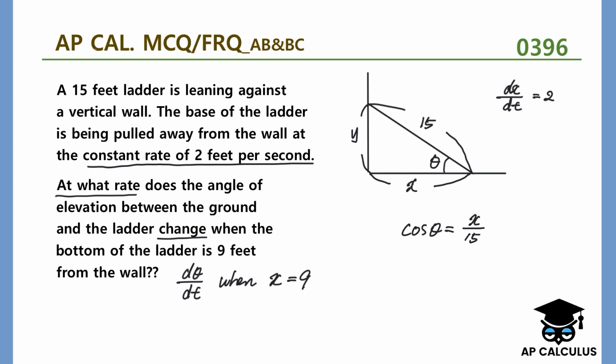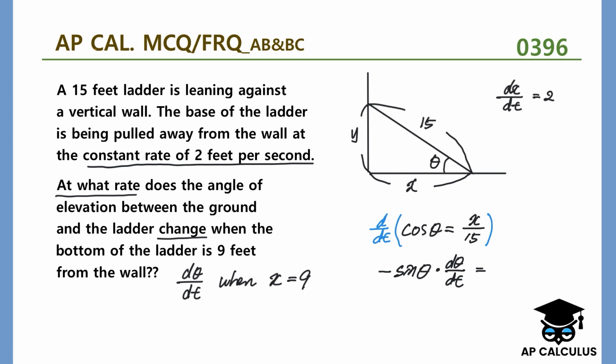Okay, so let's differentiate this equation. The derivative of cosine is negative sine, right? Negative sine theta, we're not done yet. We have to multiply by the derivative of theta itself with respect to time t, so d theta over dt, right? That's the chain rule. It's equal to x over 15.